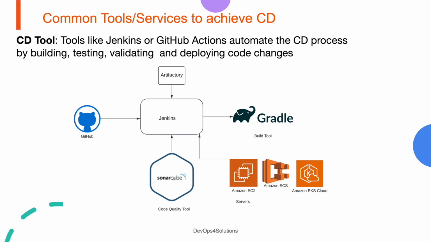And ECS and EKS are the latest technologies for containerization services, so we use those also. So basically, you deploy your code somewhere, and those are called servers. That is how you achieve continuous delivery or deployment, by using all these tools and integrating them through Jenkins.